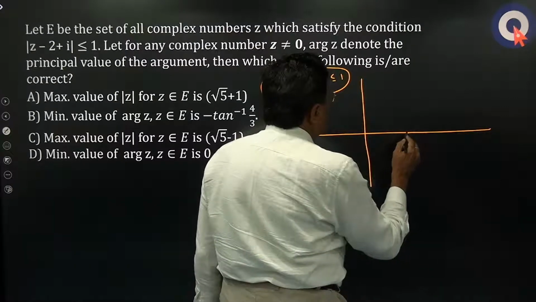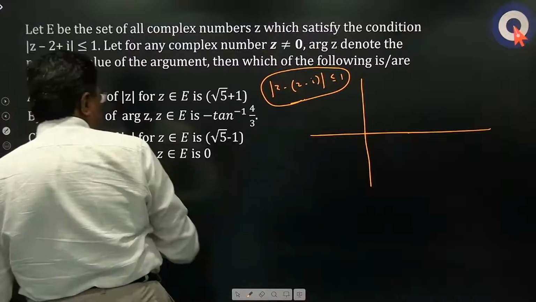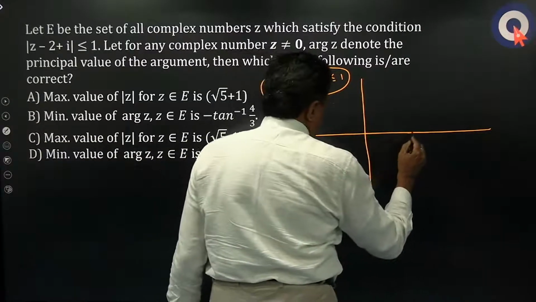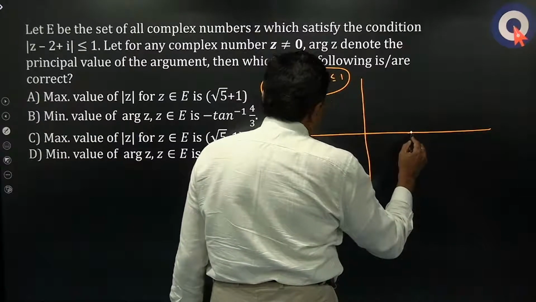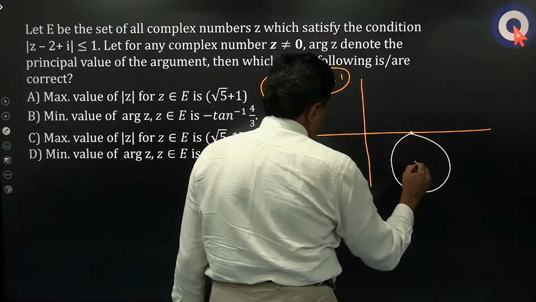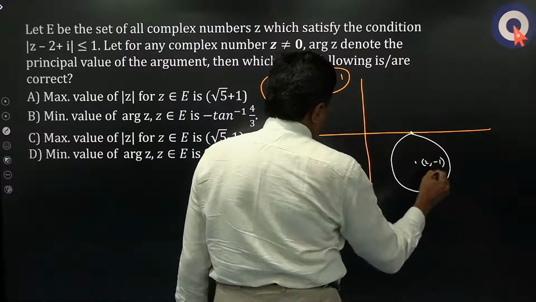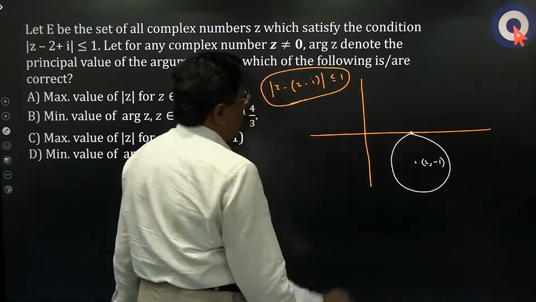All right. So you have a circle like this. Two comma minus 1.